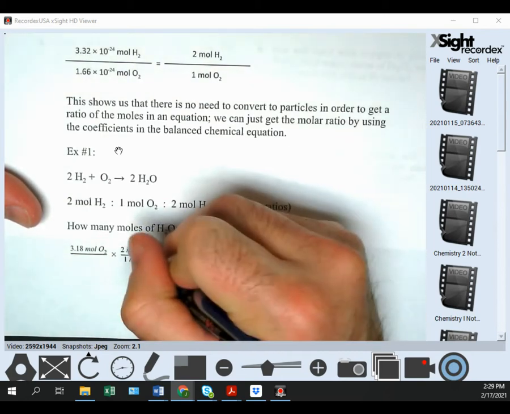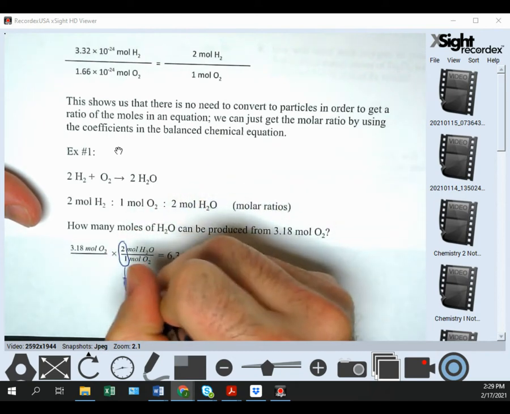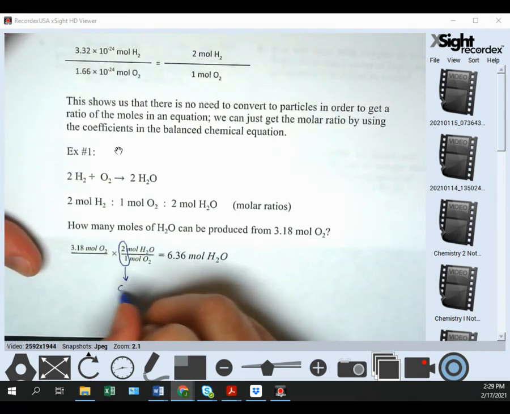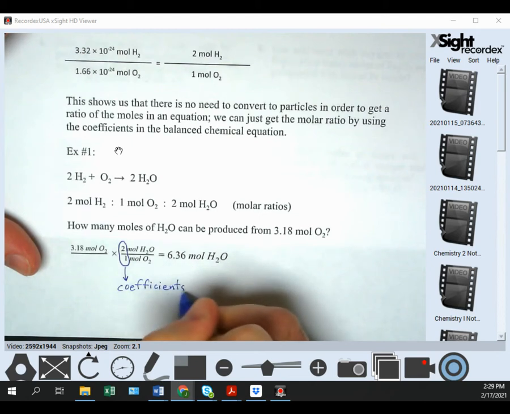Now, where do these numbers come from? Anybody know? These are the coefficients from the balanced equation.